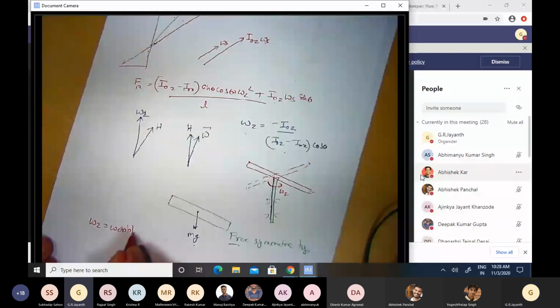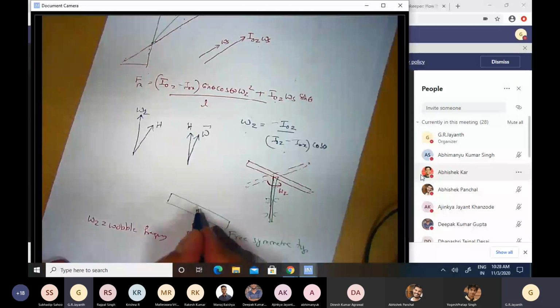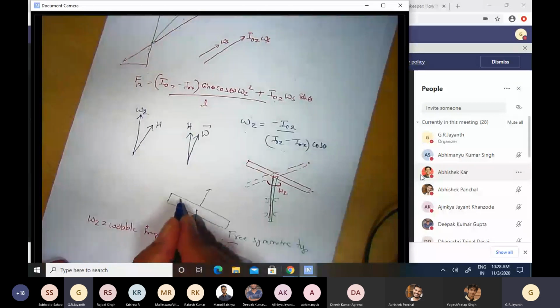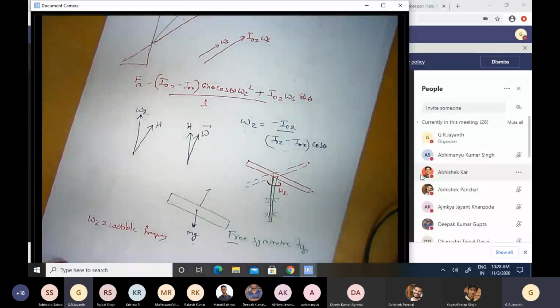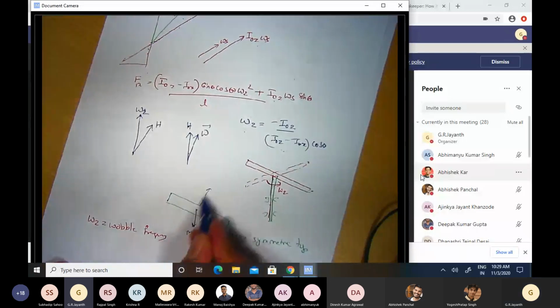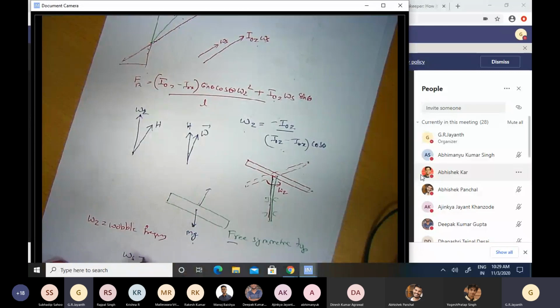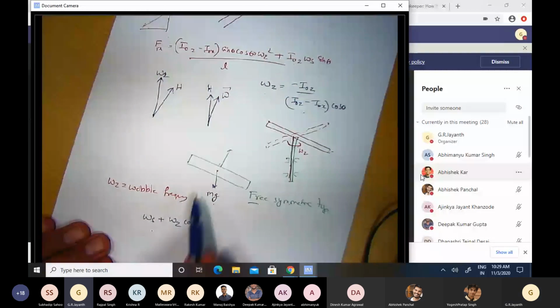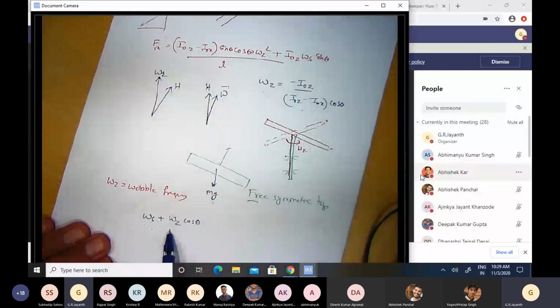And then the same person will also see that this symmetric top is rotating about its surface normal at a rate given by omega s plus omega z cos theta, right? Because relative to the shaft, it is rotating at a rate omega s about this axis, and the shaft itself is rotating along a different axis at a rate omega z.